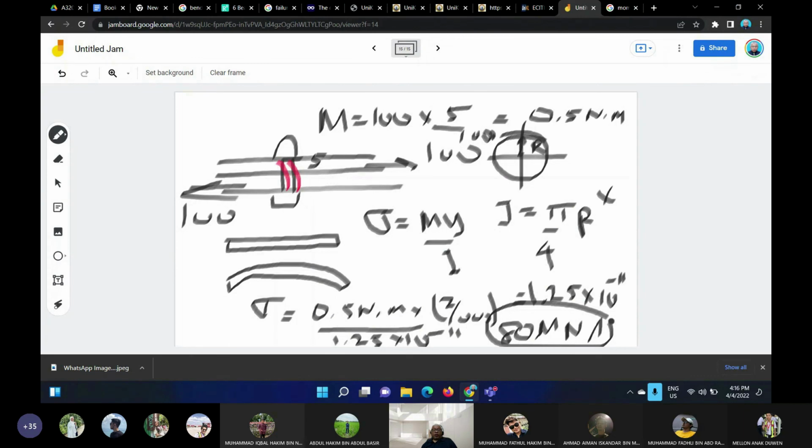So that's how to calculate the bending. Bending is just the standard bending formula: moment times distance to the neutral axis, divided by moment of inertia. You get the stress. That stress is axial stress, either compression or tension, because when you bend something, you get tension or compression. Okay, that's for bending. Any question?